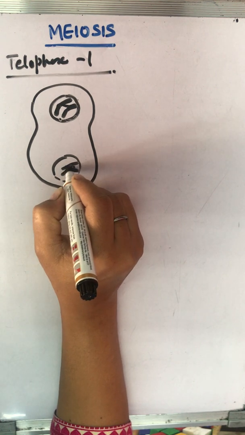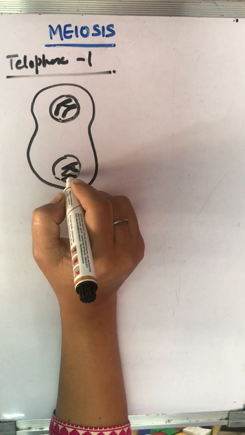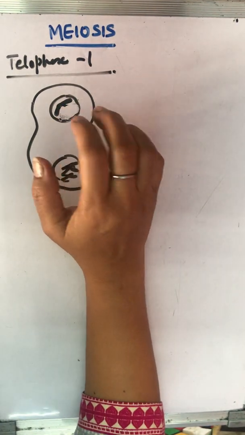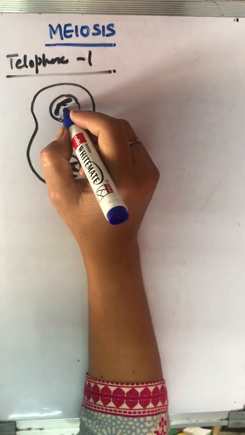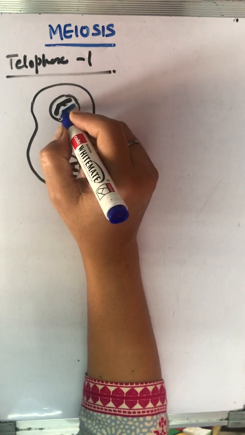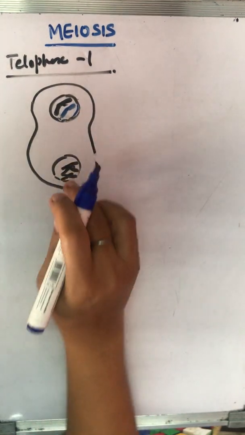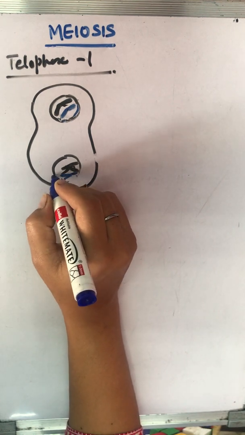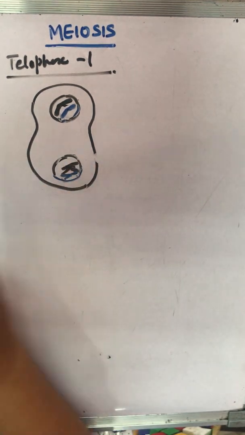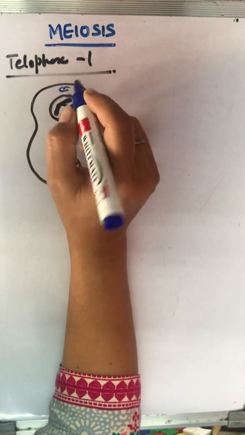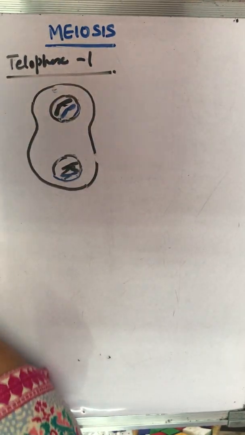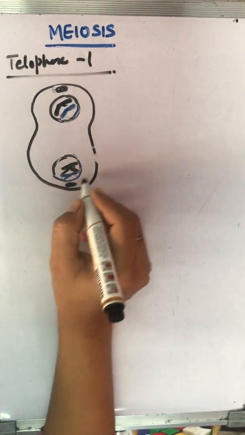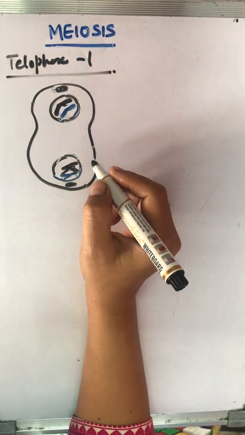These chromosomes, one pair with each. Now this is going to dissolve the spindle fiber, spindle apparatus.